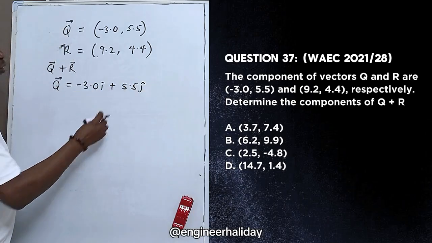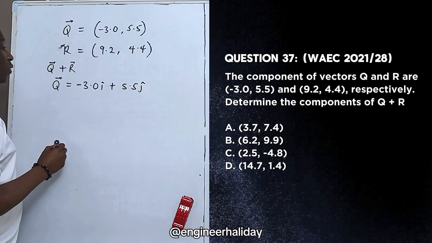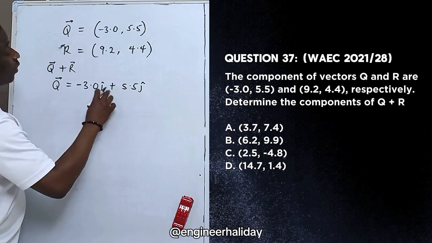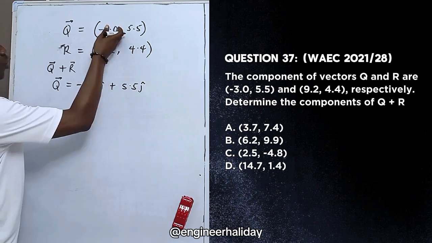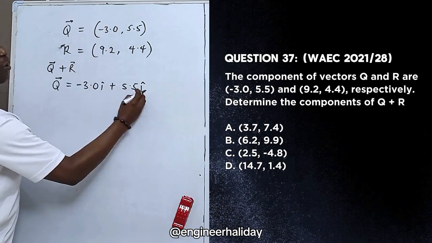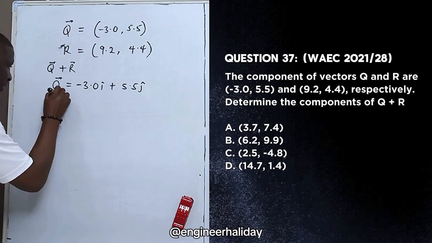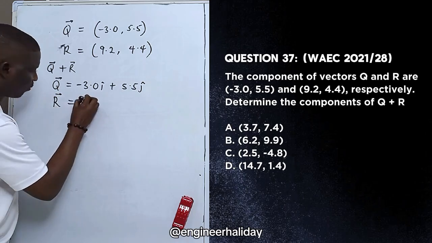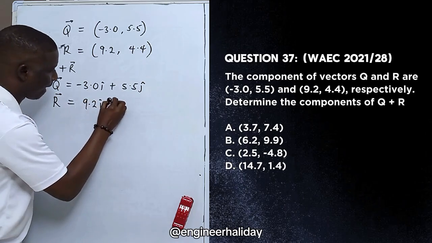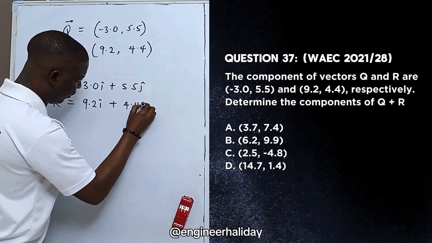I is a unit vector. J is a unit vector. So that means the two of them, you can write this in vector form. This is a coordinate form of writing this vector. So R is equal to, in coordinate form, 9.2i plus 4.4j.